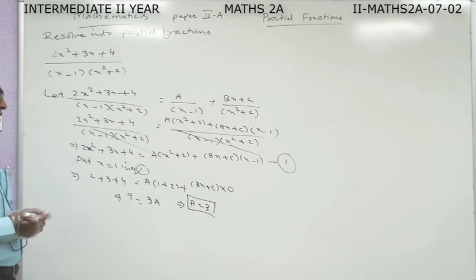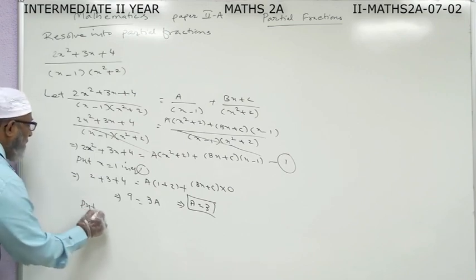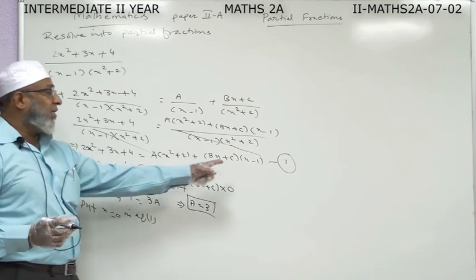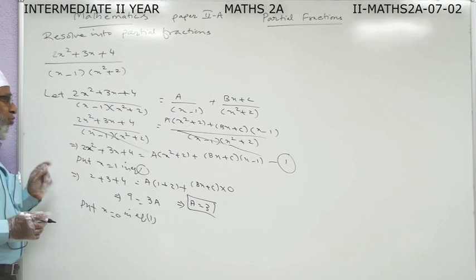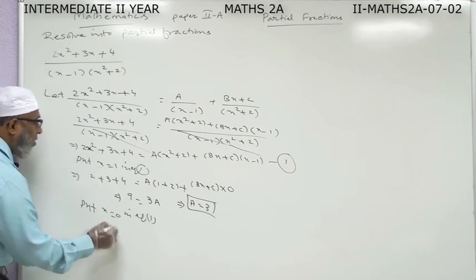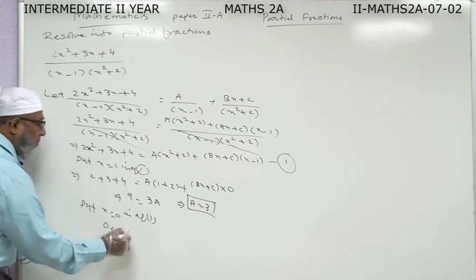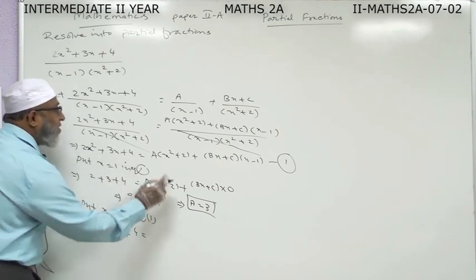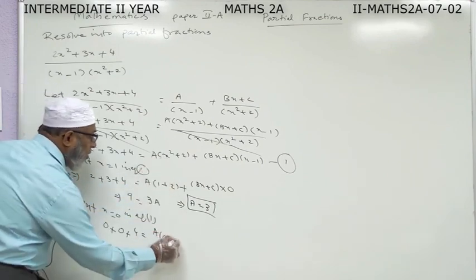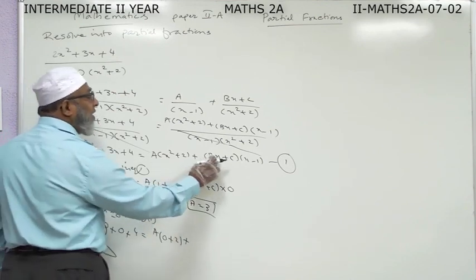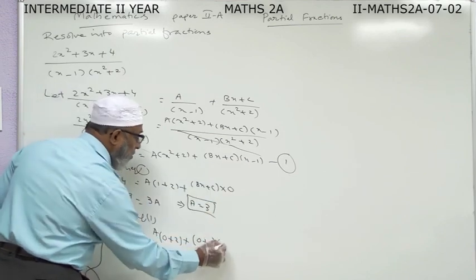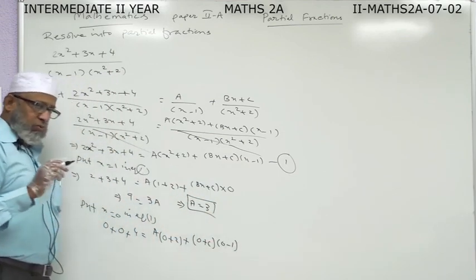Now, again put x = 0 in equation 1. Suppose, again, in this equation 1, I am substituting x = 0. See what happened? Put x = 0, this part will be 0. This 4 remains as it is, equal to A(0 + 2) plus (B·0 + C)(0 − 1).